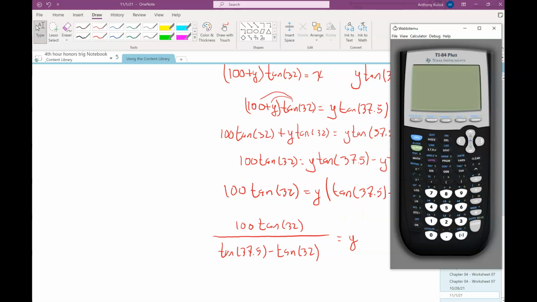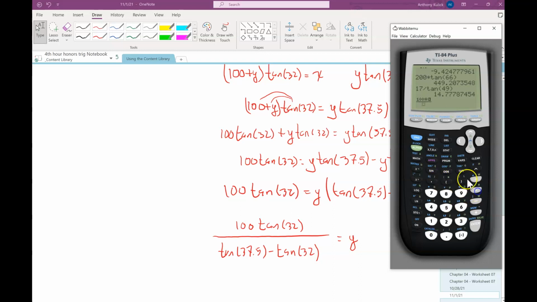And now it's calculator time. Typing this into my calculator, I'm going to use the fraction command rather than a bunch of parentheses. So I go alpha y equals, and then choose that numerator over denominator command.